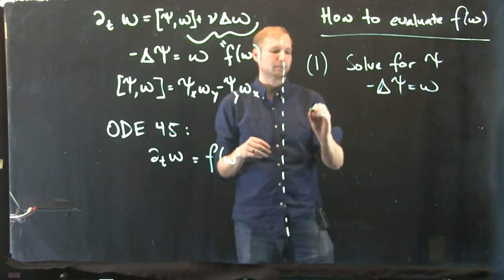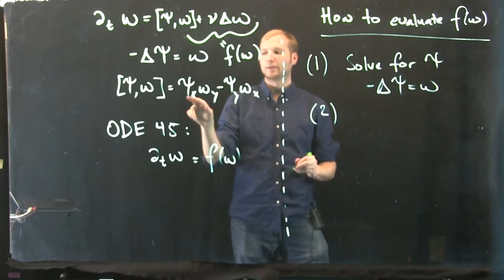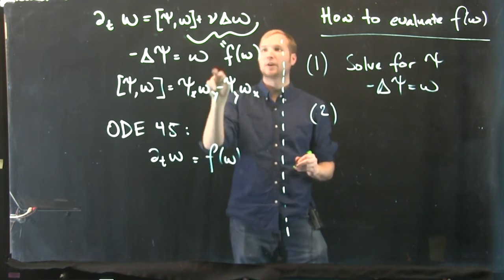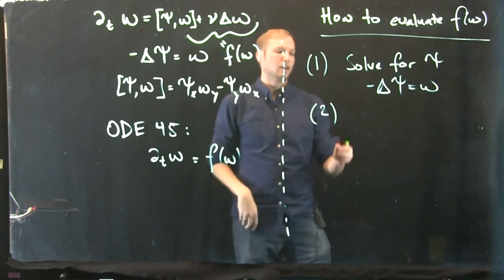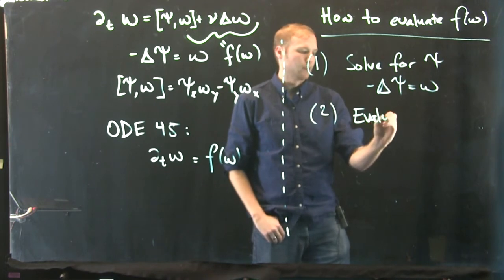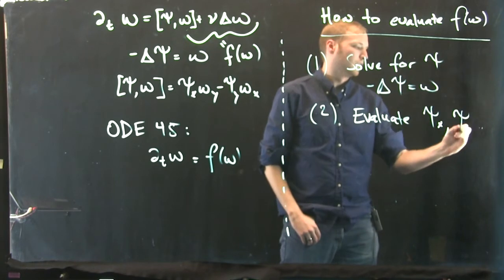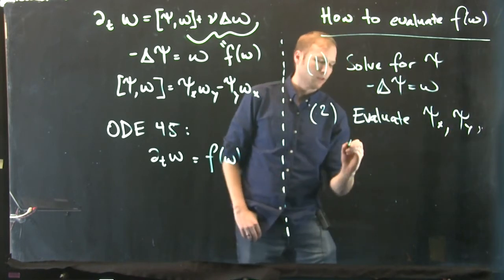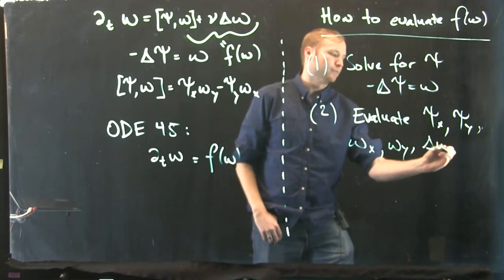And now once you have psi, the rest of the steps are actually quite simple in comparison. So the second step is we have all of these derivatives of our unknowns, right? We have derivatives of psi and omega, and we have the Laplacian of omega, which is just d_xx plus d_yy. So we need to evaluate all those things: psi x, psi y, omega x, omega y, and Laplacian omega.